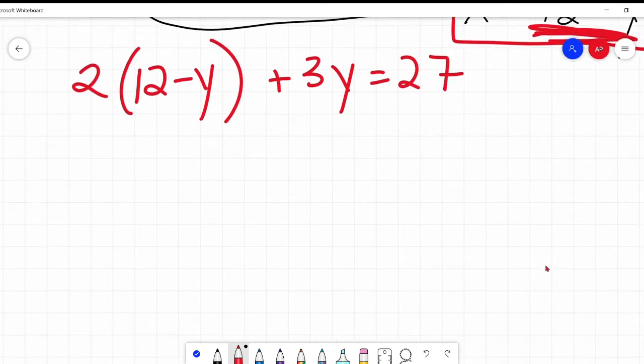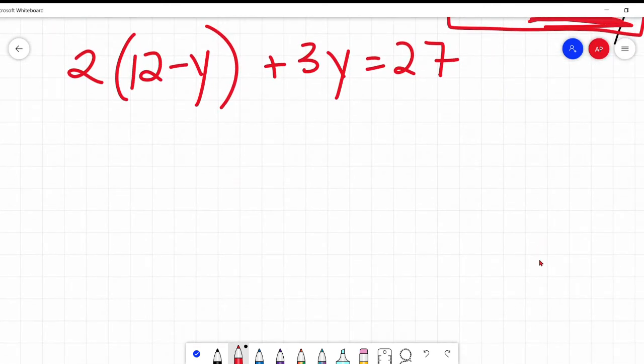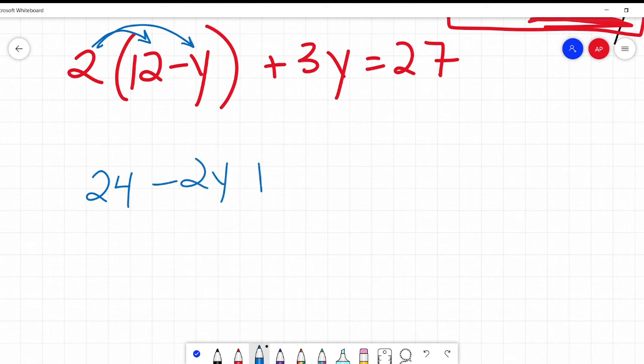All right, so let's scoot up a little bit here. Okay, so now I'm going to distribute. 2 times 12 is 24. 2 times negative y, negative 2y, plus 3y equals 27. Now I can combine these like terms right here.